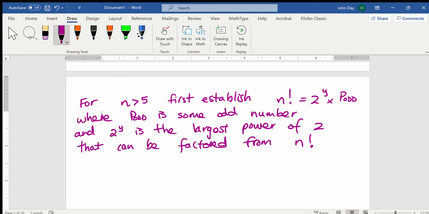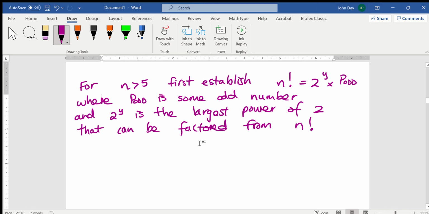This is clear because any factorial can have all its even part factorized, leaving only odd numbers being multiplied together, which gives p. So that works for any factorial; you can factorize the even part out of any of them.